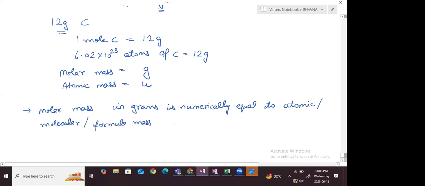But the thing is that it is in U. Molecular mass is also known as formula mass, but the difference is that molecules have discrete units, while formula mass is for ions. We have done this thing, na? Yes, ma'am.